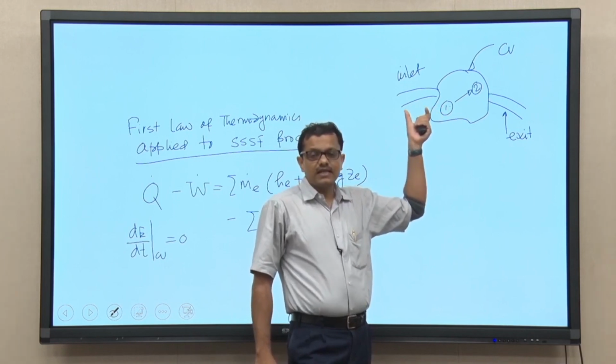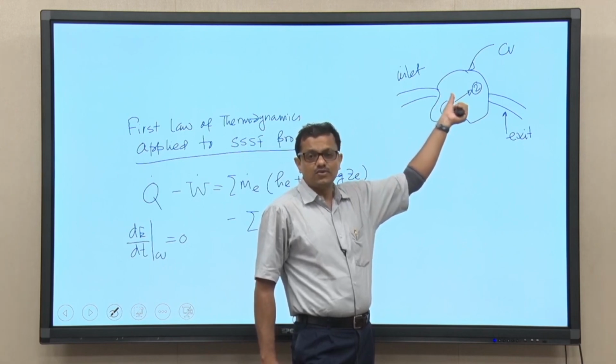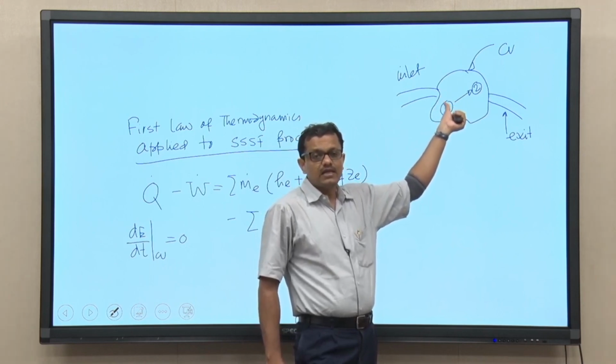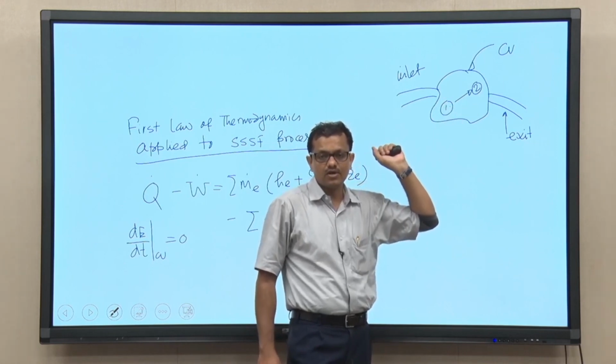So, maybe the control volume is changing state from state 1 to state 2, but at any instant of time the energy state is uniform throughout the control volume. So, that is what is important.